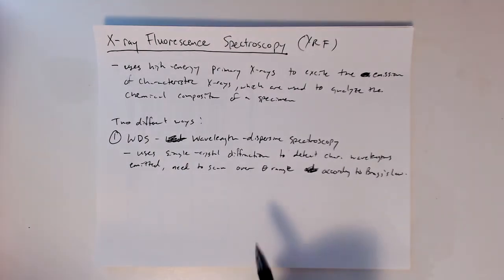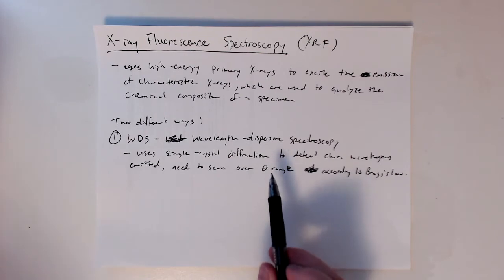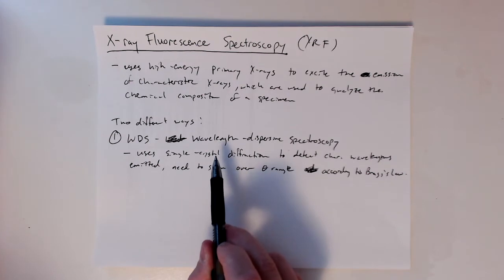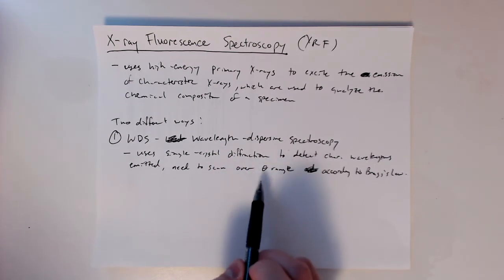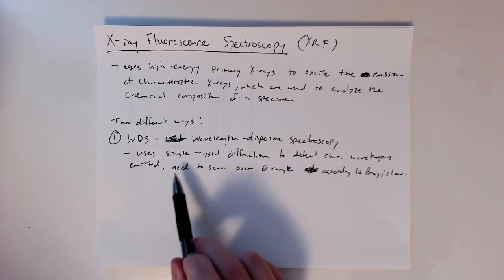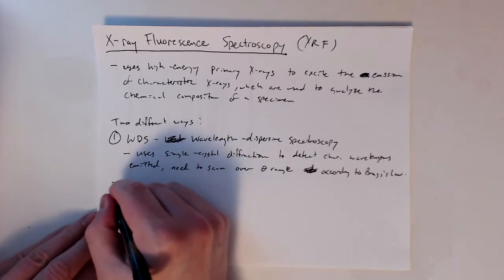So effectively, the thing that we're using to analyze the chemicals in this type of spectroscopy is the wavelength of the characteristic X-ray. And we do that through Bragg's law. We have a single crystal and we use Bragg's law. I'll go into more detail on this, but let me mention the second one real quick.